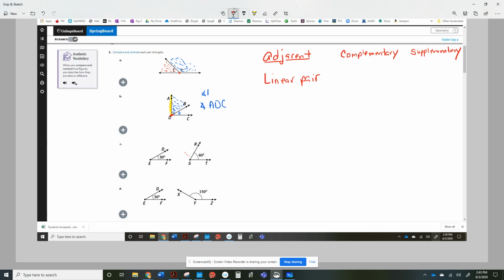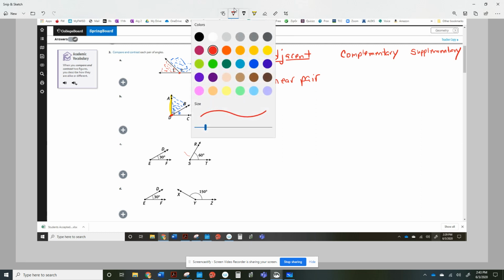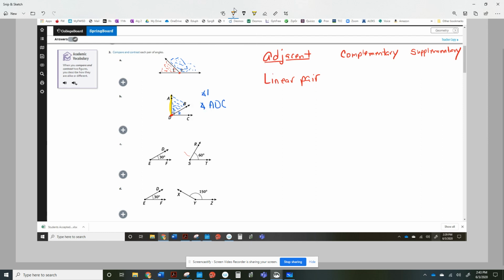Now, if I go up here and change my color, I need something that's really going to stand out. Let's do orange. We'll do orange right here. And I want to shade the interior points of angle ADC. Well, here are all of the interior points of ADC.